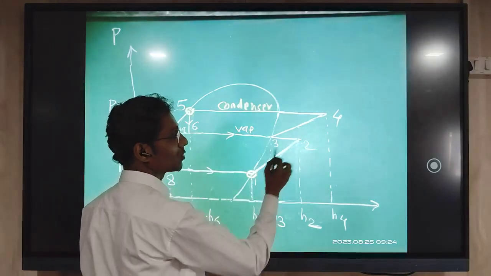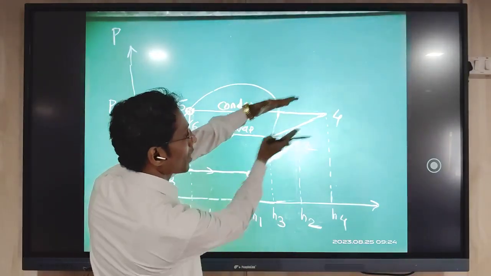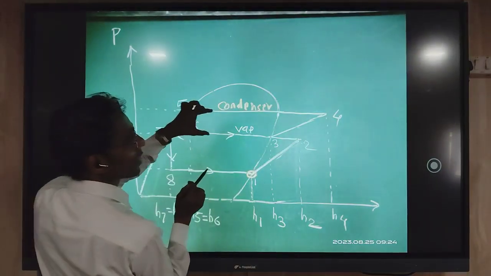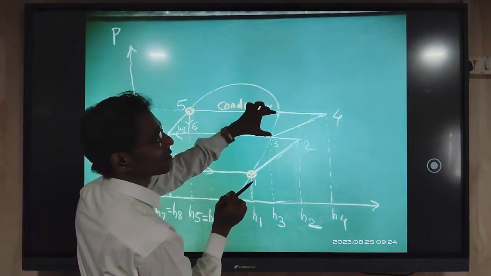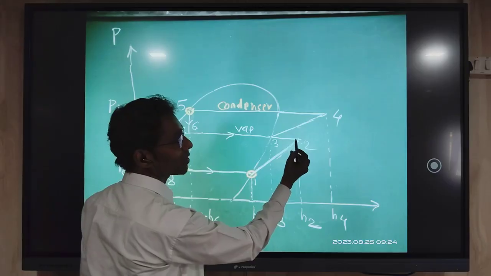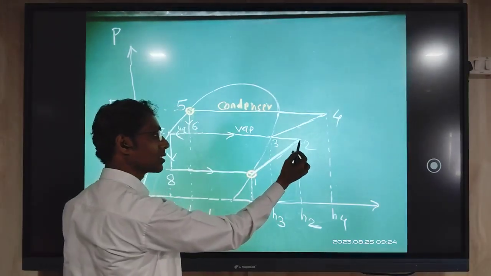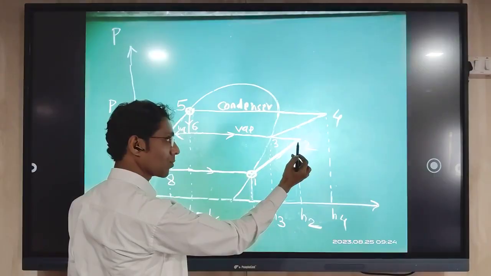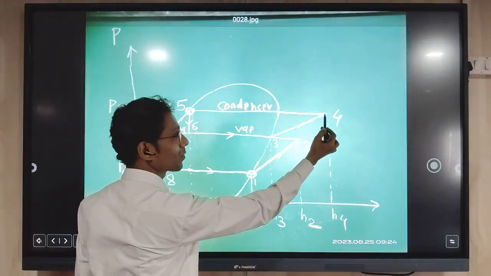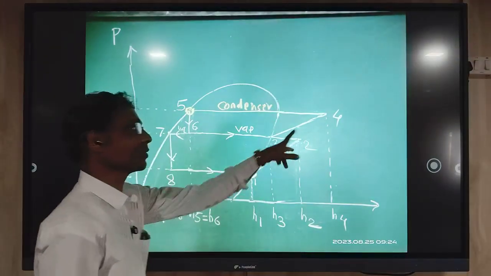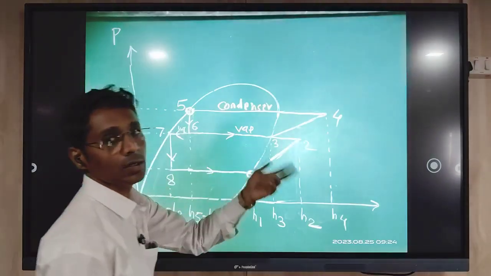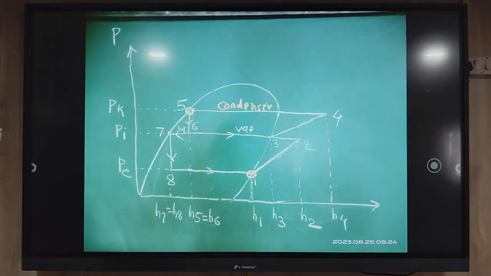When we draw these isentropic lines, these two lines will meet the corresponding pressure lines, and the intersection points are the exit of the low pressure compressor here, and the exit of the high pressure compressor here. In this way we can obtain these points on the chart.